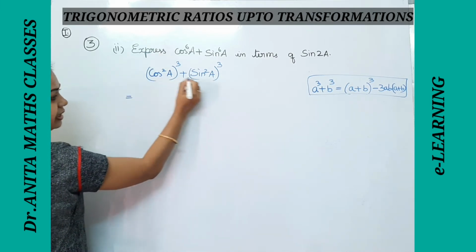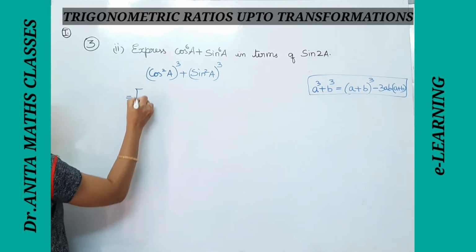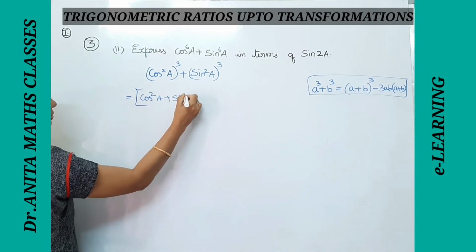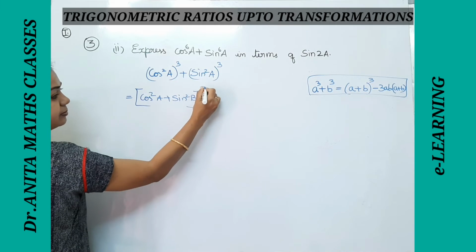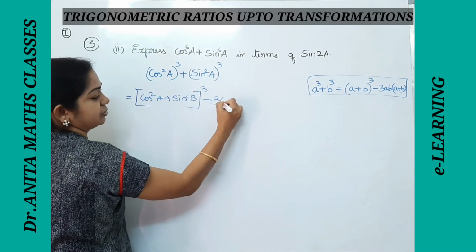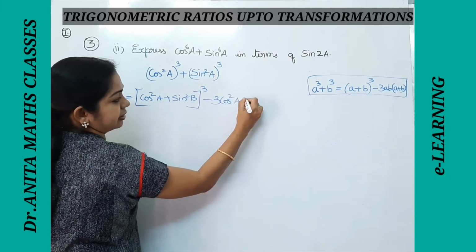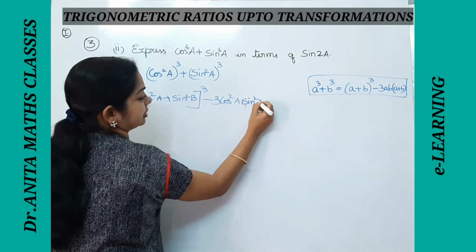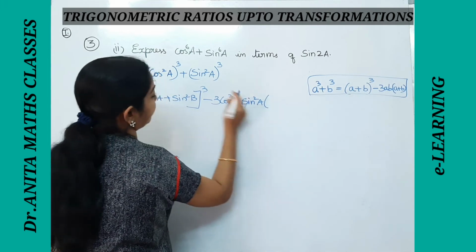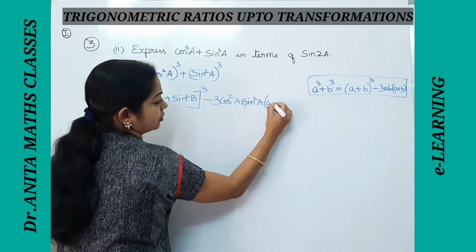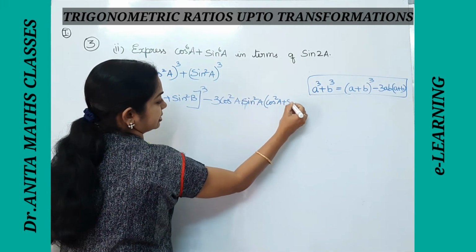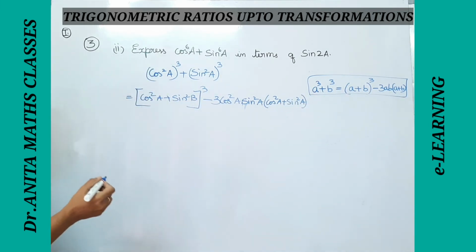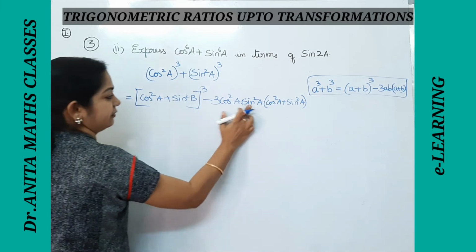So here I can write this as a plus b whole cube minus 3 into a and b here, sin square, again multiplied by a plus b, here a and b here, cos square a plus sin square a. So in place of a, cos square a, in place of b, sin square a, we have applied.